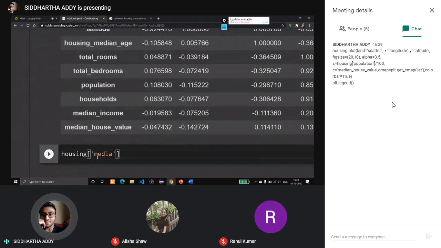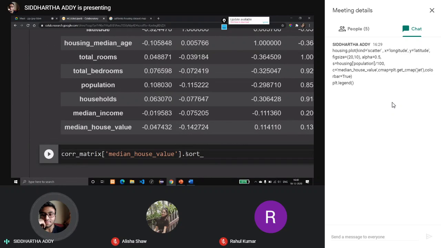Median house value, and I am going to, okay, sorry, I don't think I should be using housing, because I'm going to use the correlation matrix. We have a correlation matrix, and from that matrix I am going to select this median house value, and I'm going to sort those values.